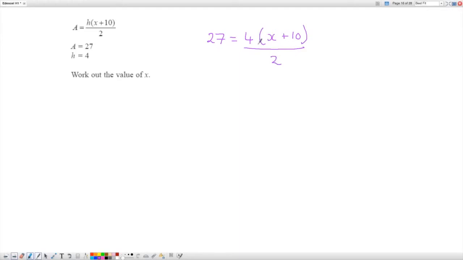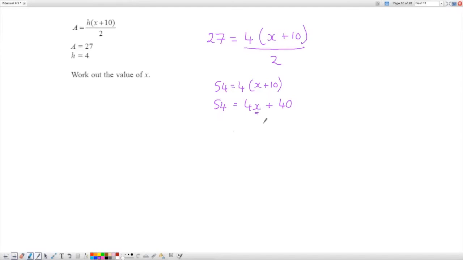Now we're going to have to do some rearranging to be able to isolate the x. So first this says divide by 2, so we're going to times by 2. 54 equals 4 bracket x plus 10. Next step, expand the brackets by multiplying. 54 equals 4x plus 40.